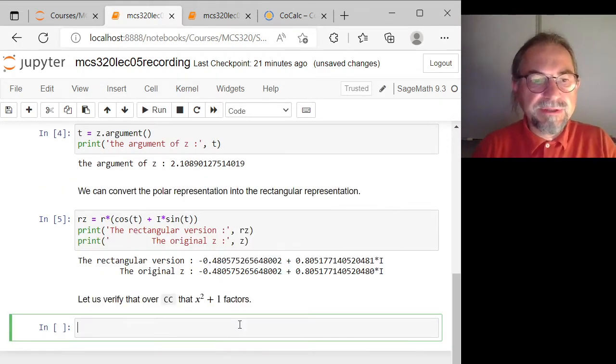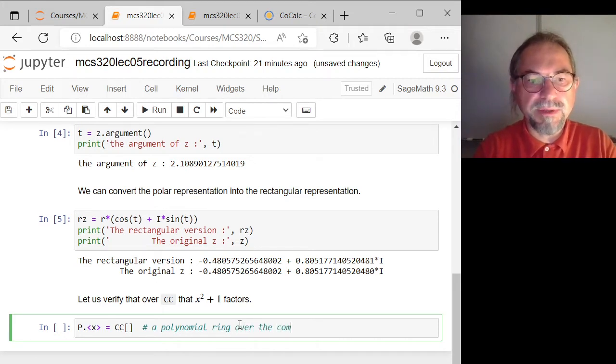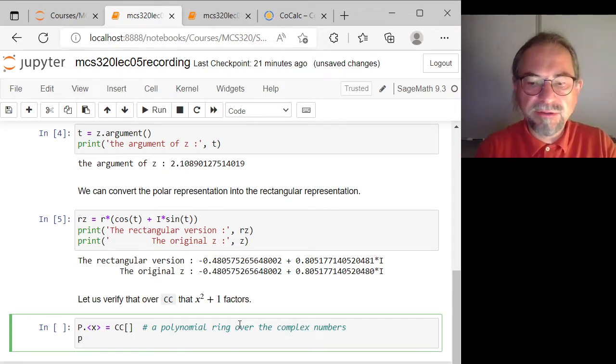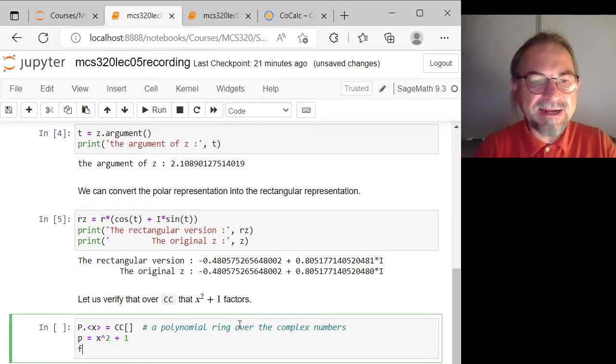So how do I do this? I will have to declare a polynomial ring. So the quickest way to do this is like this. So this is a polynomial ring over the complex numbers. So in particular, the capital P is the set of all polynomials in X with coefficients that are complex.